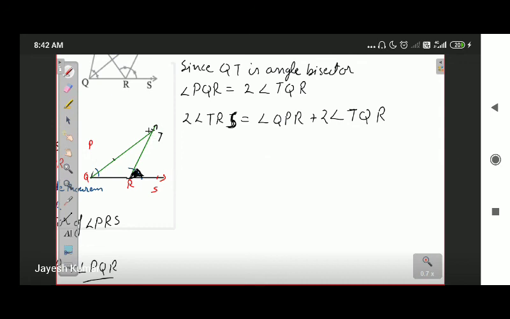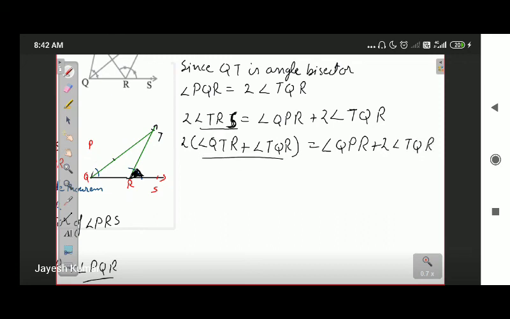So the value of angle TRS can be written as angle QTR plus angle TQR, is equal to angle QPR plus twice angle TQR. What we have done here is we have replaced TRS with this. Why? By exterior angle theorem.